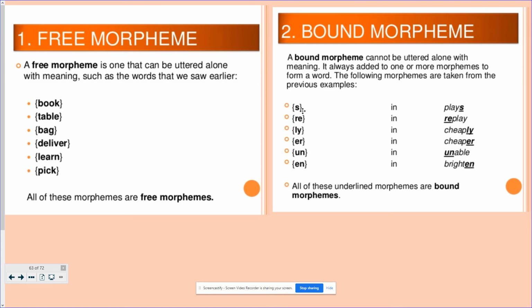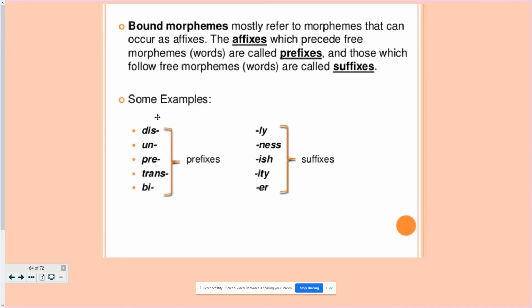Like the S in plays. It's play and then the S means plural, more than one. Or that re in replay. It means play it again, right? Re means again. So these are all bound. These are called prefixes. So bound ones always come with a prefix or a suffix.